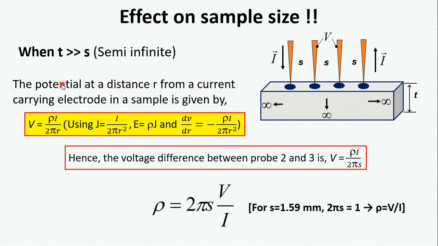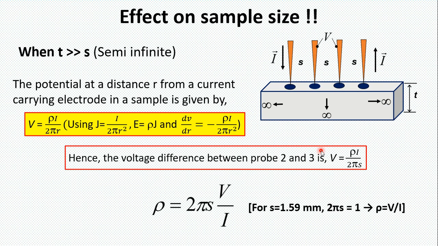The potential at a distance r from a current carrying electrode in a sample is given by V equal to rho I divided by 2 pi r. Here we are using the current density J equal to I divided by 2 pi r squared, because the current streamlines are considered to have radial symmetry.